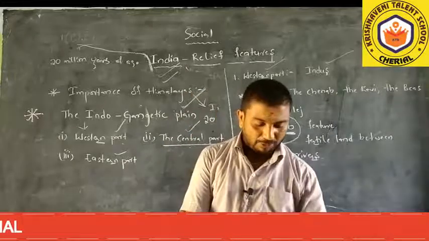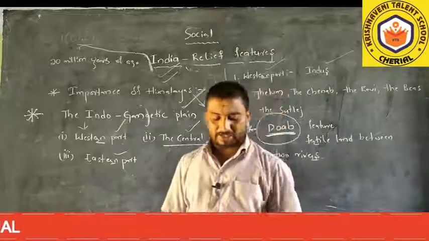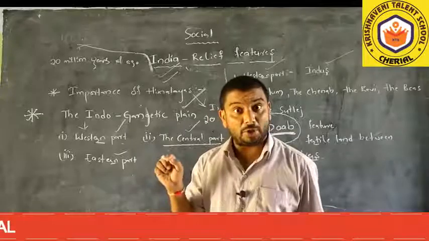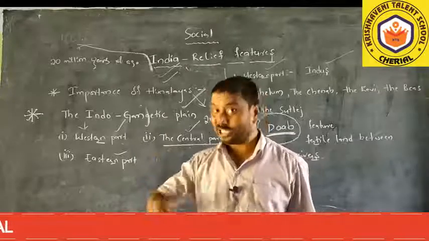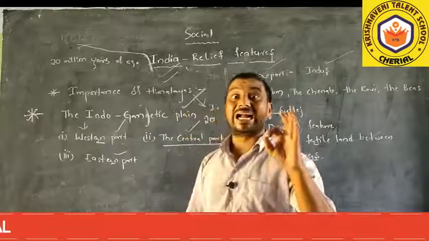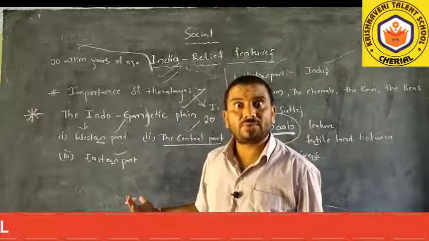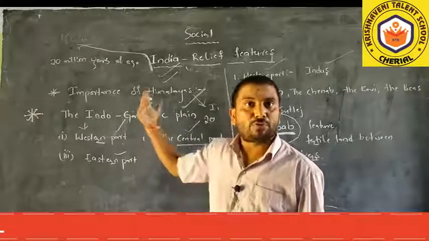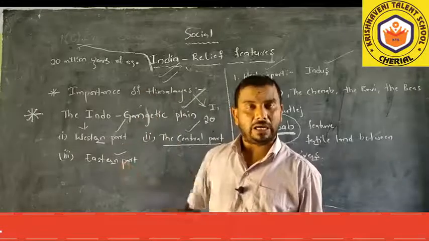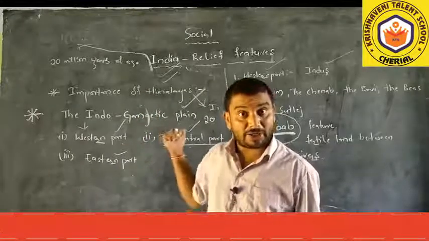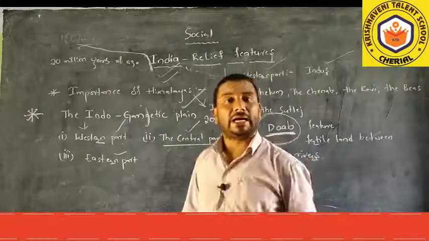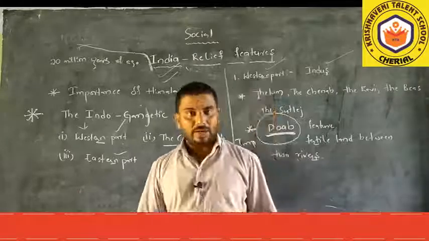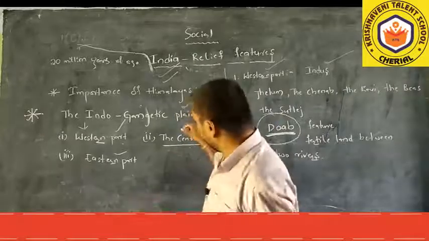The central part of the Indo-Gangetic Plain is also called the Ganga Plain. Why? Because the central part is completely formed by the river Ganga. That's why it is called the Ganga Plain. Now we will discuss the central part.